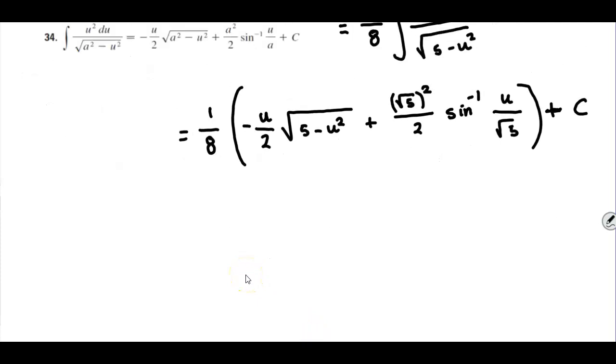And then last, we just need to distribute that 1/8 and replace u with what we replaced u to be, which was 2x.